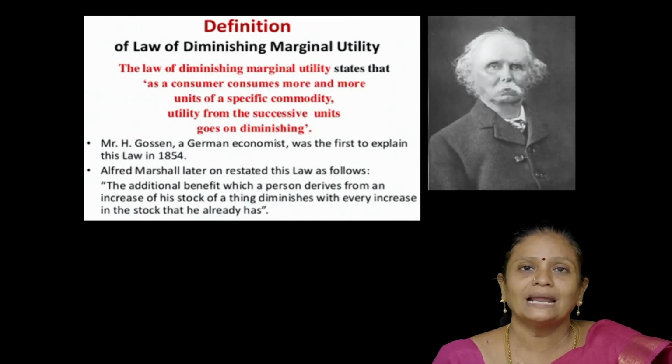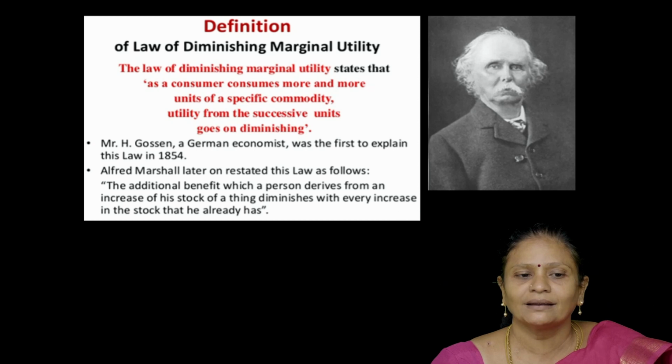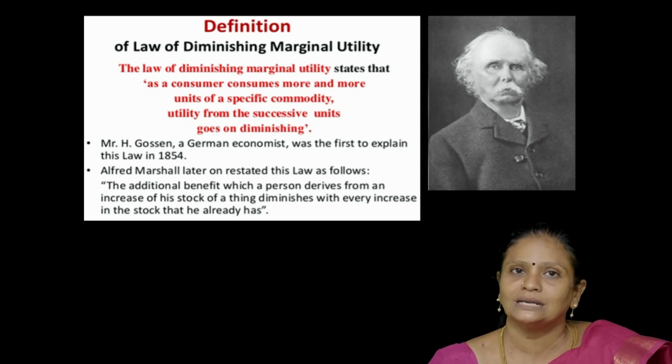Now we can go to the definition. We can see in the picture Dr. Alfred Marshall, the law of marginal utility. He gave one definition. The law of diminishing marginal utility states that as a consumer consumes more and more units of a specific commodity, utility from the successive units goes on diminishing.